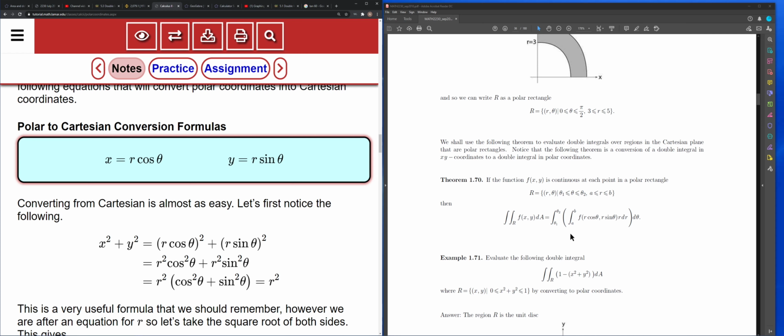Okay, and then finally, when you're doing this conversion, you have this r showing up over here, right? Where that r comes from is that what you're doing here is changing coordinate systems from xy to r theta, right?